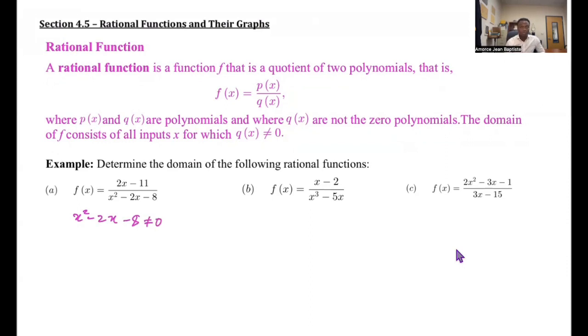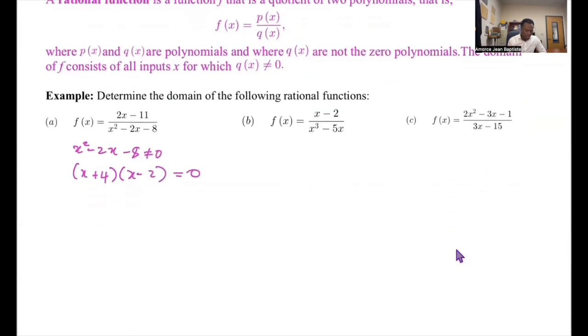Otherwise, it's fine. So that factors as x plus 4 times x minus 2, not equal to 0. So x plus 4 is not 0, and x minus 2 is not 0. That's a condition.